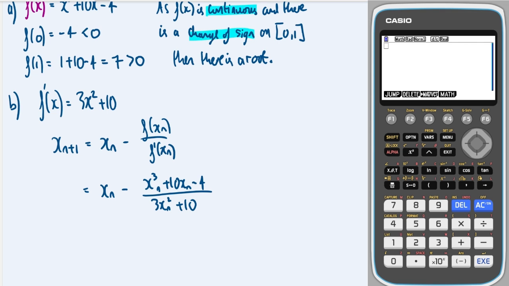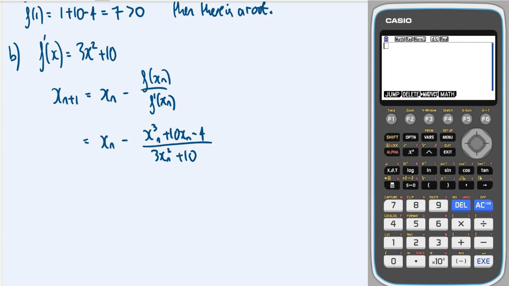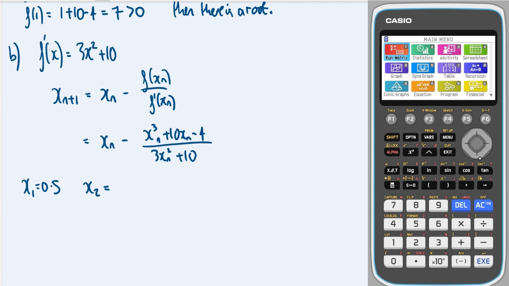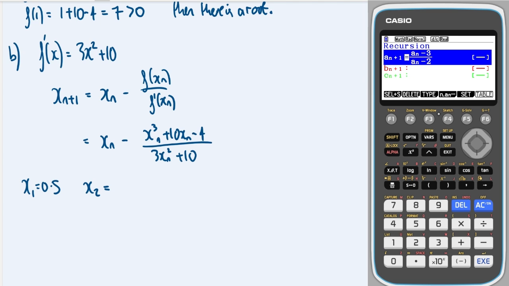Okay, great. So all we need to do now is use x1 equals 0.5 to get an approximation for x2. So we'll go to our calculator, and I'm going to use this little hack. Recursion, delete.